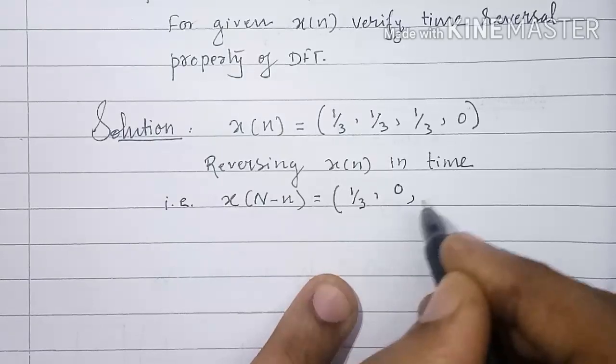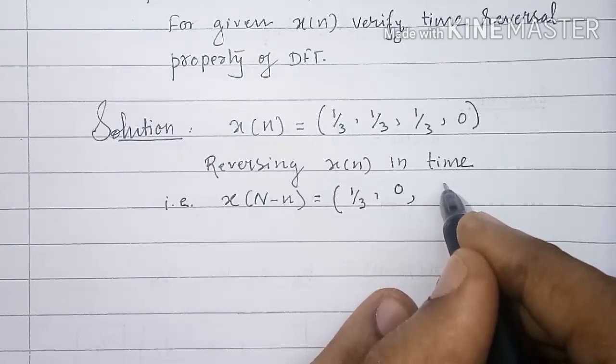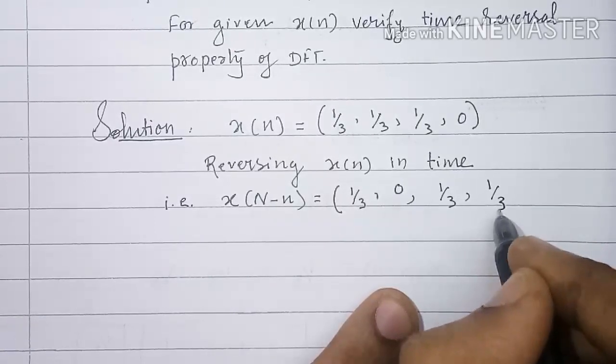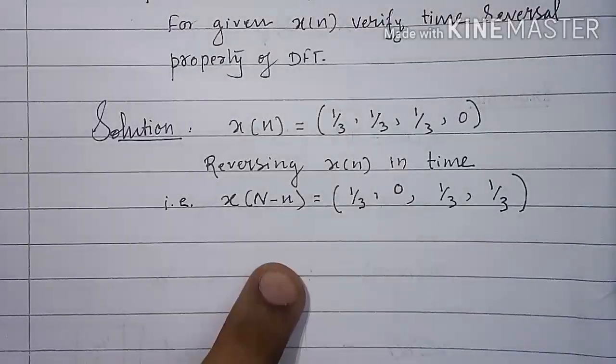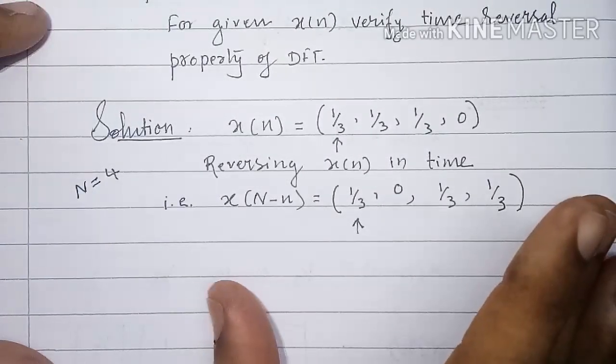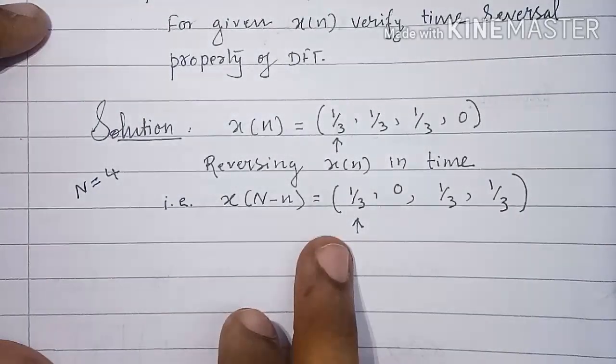So 0, 1 by 3, 1 by 3, 1 by 3. Now we will find DFT of this x of capital N minus n.